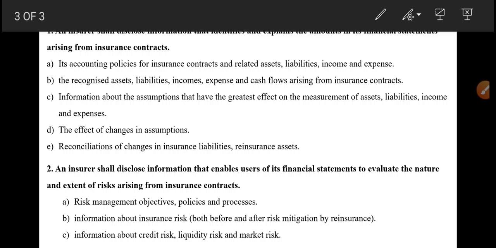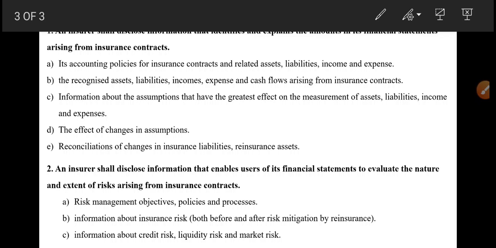And next, information about insurance risk, that may be risk arising before the contract or after the contract, or both before and after the risk mitigation by reinsurance. So the risk which is involved in an insurance contract has to be disclosed to the interested parties. And along with these, finally, information about credit risk, liquidity risk and market risk.